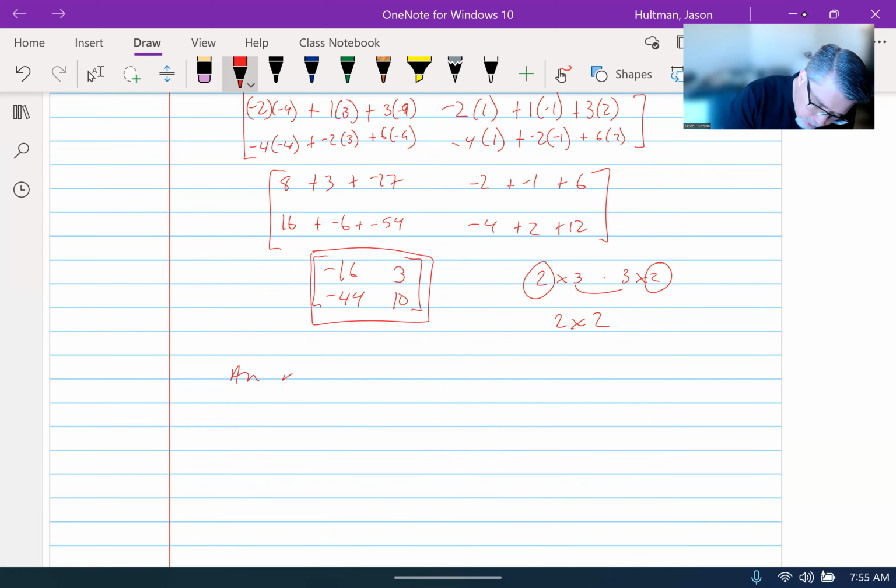An m by n matrix times an n by p matrix will create an m by p matrix when multiplied.